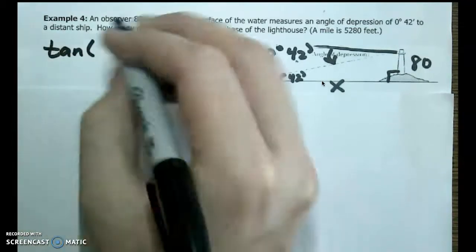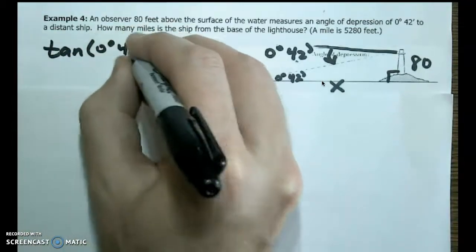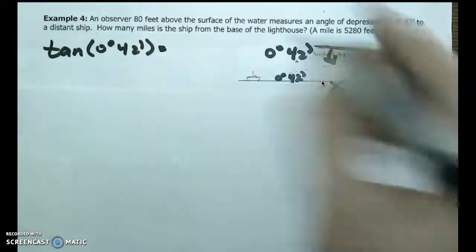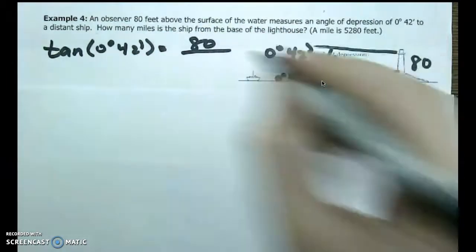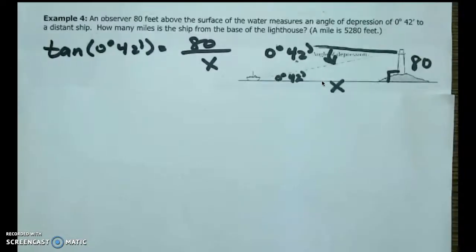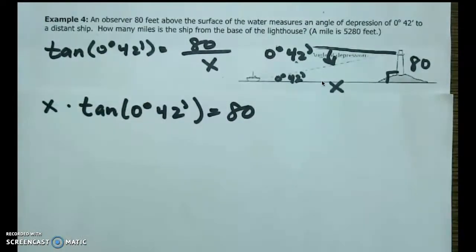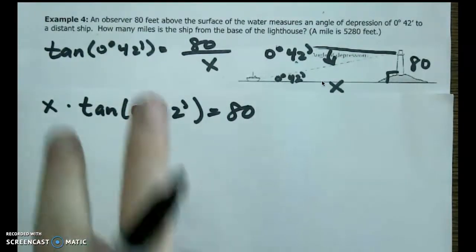So tangent of your angle equals the opposite side over the adjacent side. We want to solve for x, so we're going to need to take x to the other side, multiply x over to your tangent. Okay, and then we want to isolate x, so we're going to divide tangent over.